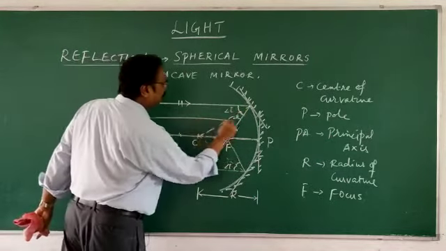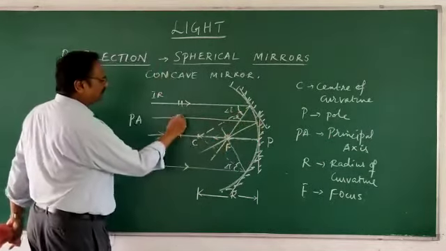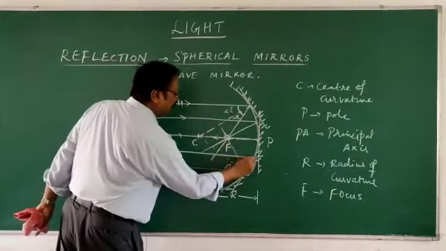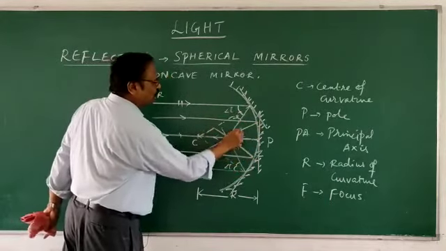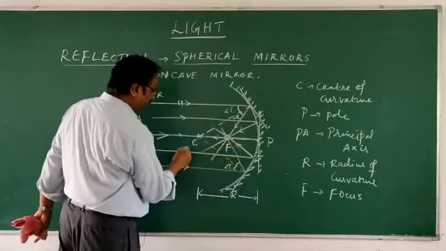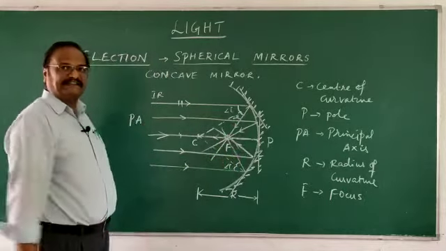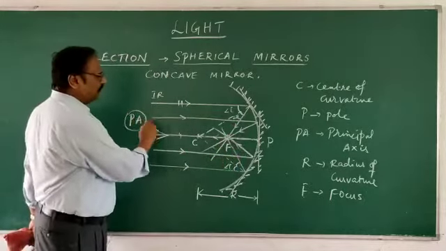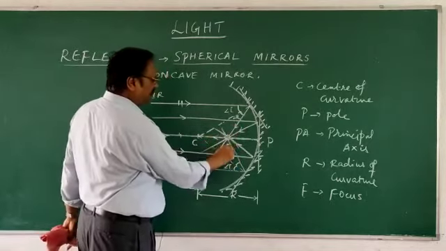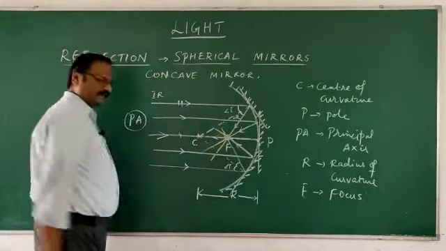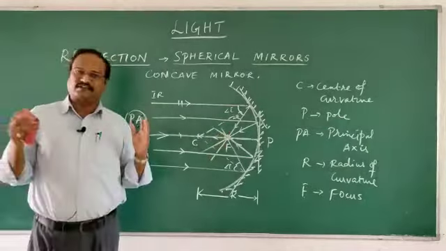I can take another ray, it also will pass through the focus. I will take another ray, that also will pass through the focus. So all the rays coming parallel to the principal axis, the main axis, will converge at a single point, and that is called the focus. And this focus will be a real focus.